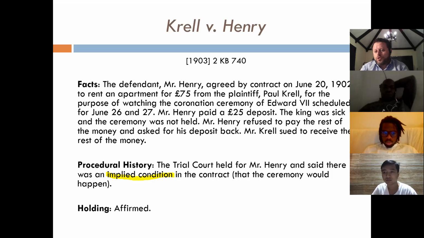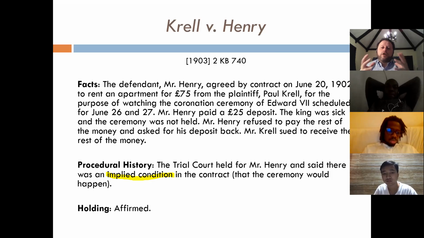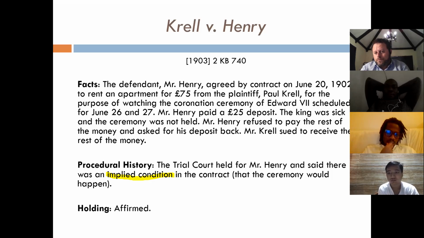You don't know my sister. You don't know anything about that. And then the school cancels the graduation for a week. And I say, I don't want to pay you the deposit because they canceled the graduation. No, then I have to pay you. Because even though there is a condition, there's no way you would have known about the condition. And that gets us to that very important rule we've learned of, was it foreseeable?